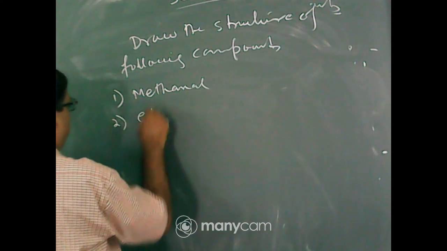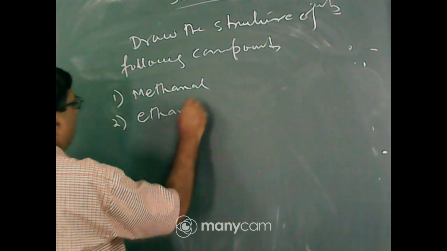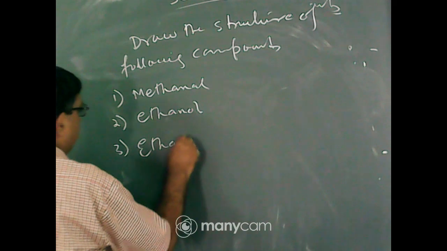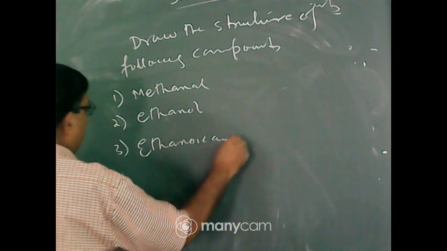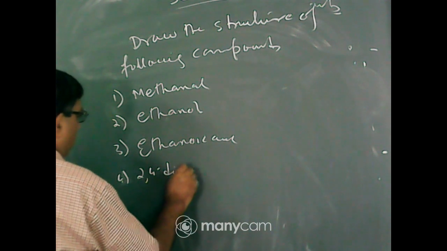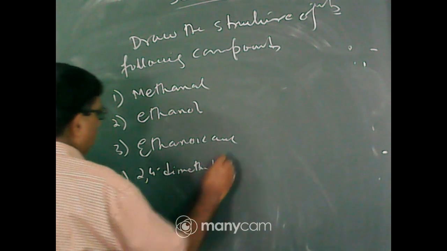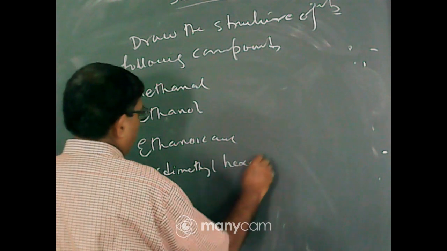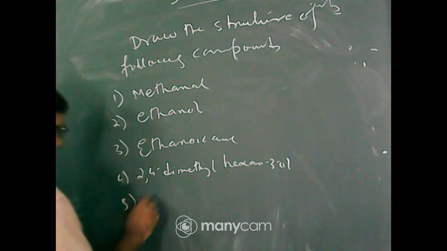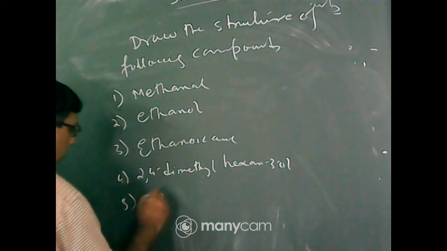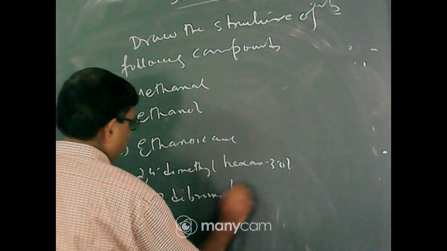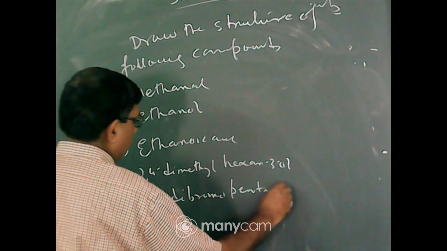Number 2, ethanol. Number 3, ethanoic acid. Number 4, 2,4-dimethylhexan-3-ol. Number 5, 3,3-dibromopentanal.